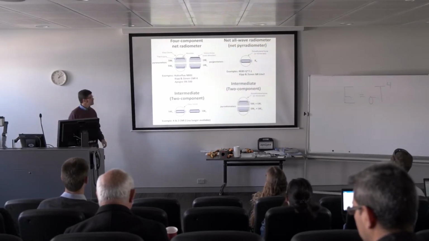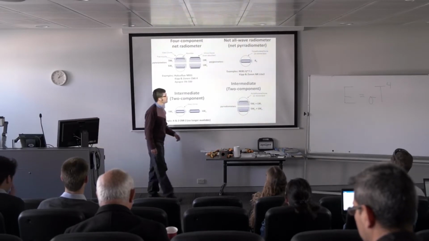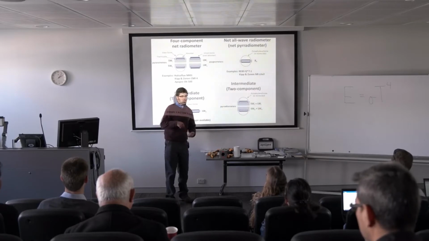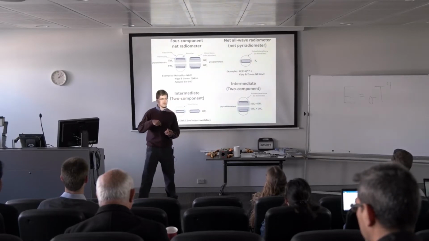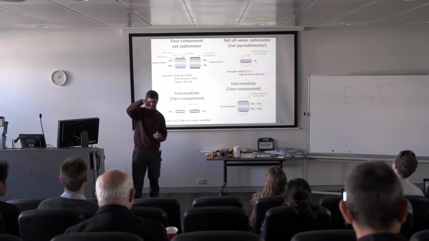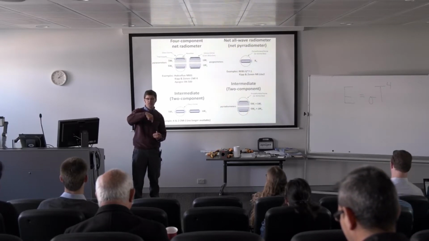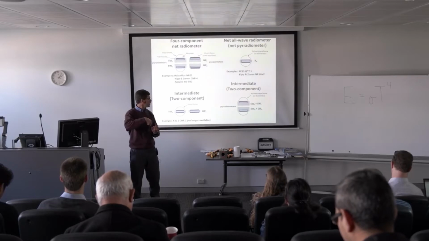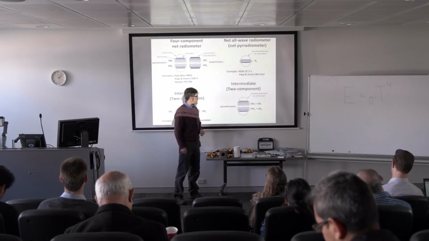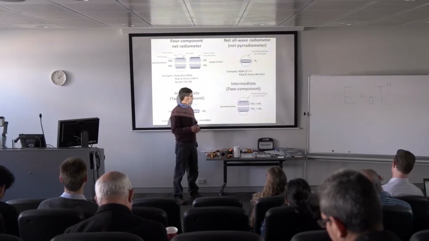The other type is also kind of like that one, but rather than being a net device that only gives you one signal proportional to the difference between all of the incoming radiation and all of the outgoing radiation, they separate the pyrgeometers. So you've got two of them.